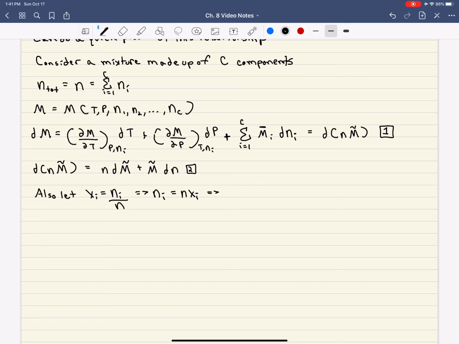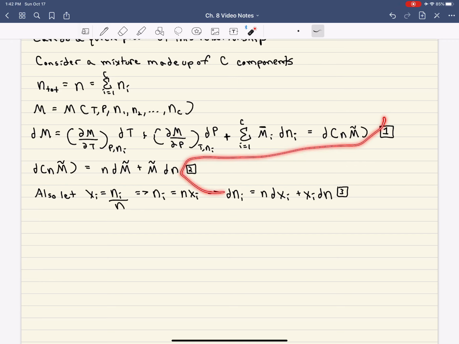So if we take the derivative of N_i, we essentially need to perform the product rule on this N x_i. Okay? Alright, and so that's a third equation. And what I want to do now is take all three of these equations we sort of derived, and I'm going to combine them.